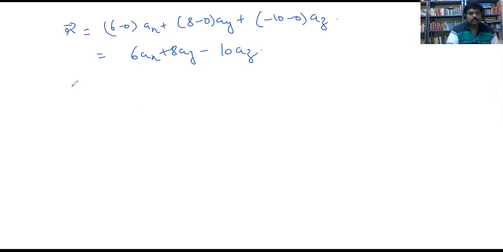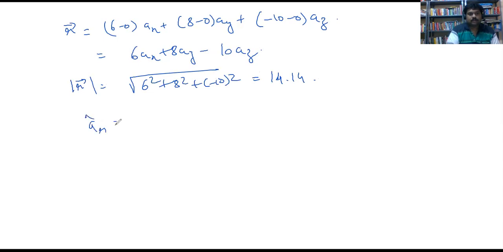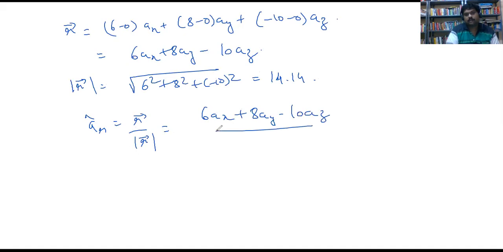What is the magnitude of vector R? Square root of 6 square plus 8 square plus minus 10 square. We'll get 14.14. The unit vector AR is R by magnitude R, which equals 6AX plus 8AY minus 10AZ divided by 14.14. So flux density D is Q by 4 pi R square into AR.